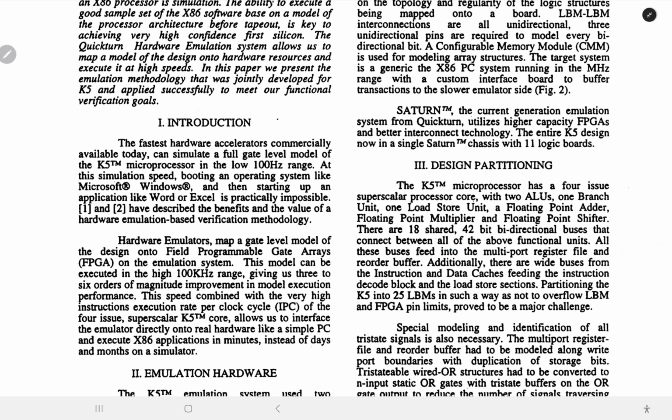All these buses feed into the multi-port register file and reorder buffer. Additionally, there are wide buses from the instruction and data caches feeding the instruction decode block and the load store sections. Partitioning the K5 into 25 LBMs in such a way as not to overflow LBM and FPGA pin limits proved to be a major challenge.